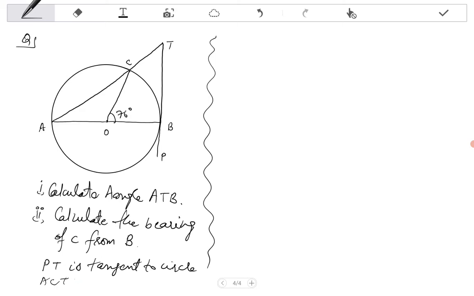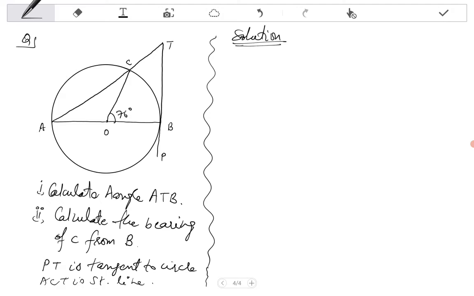ACT is a straight line. And AOB is the diameter, is obvious, right? So how can I solve it?